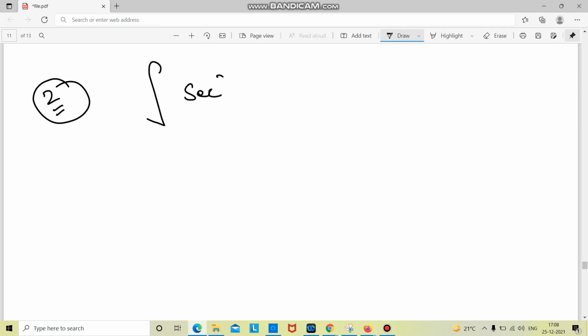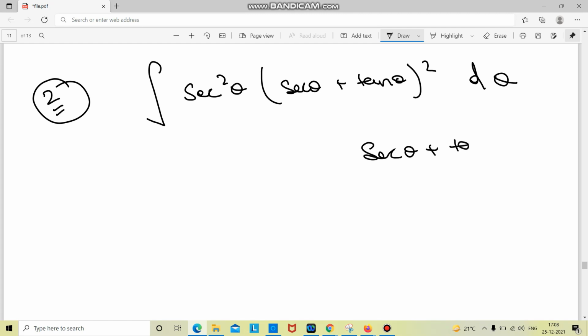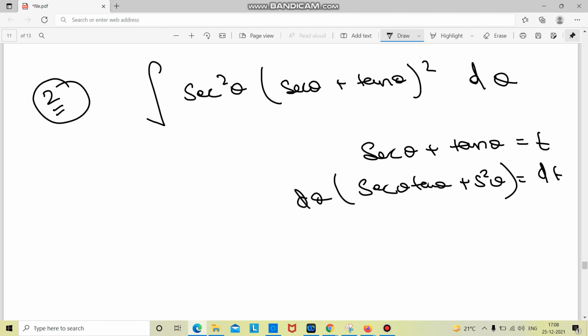Our second question is integral sec squared theta by (sec theta plus tan theta) whole square d theta. In this question, we can take sec theta plus tan theta as t. We will differentiate to get sec theta tan theta plus sec squared theta is equal to dt by d theta.